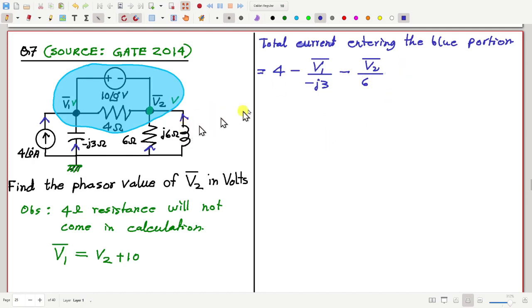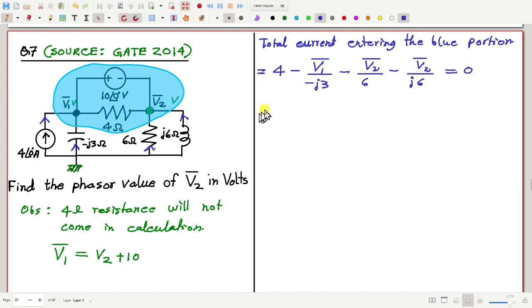And through this inductor, V2 by j6 is going out. So this is the total current entering this portion, and this should be equal to 0.